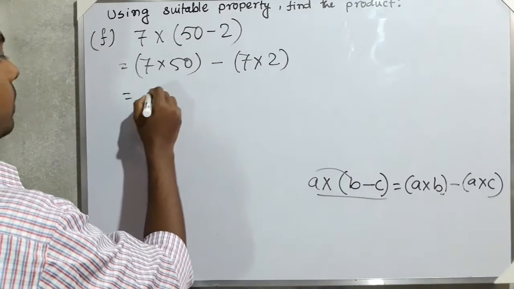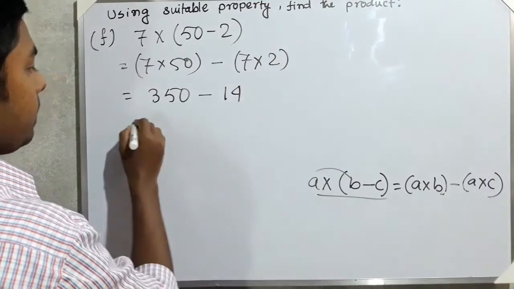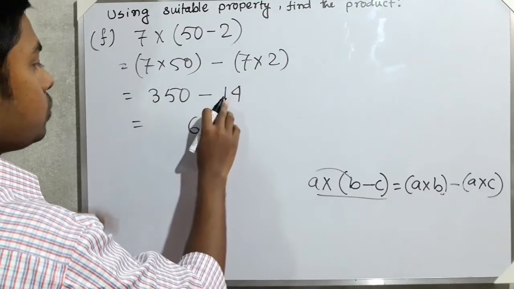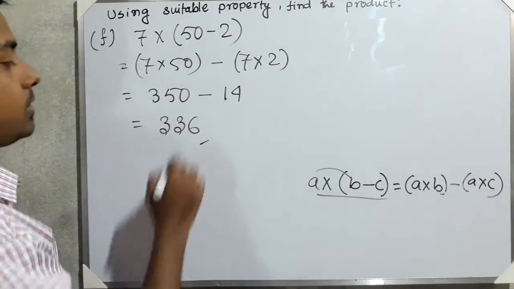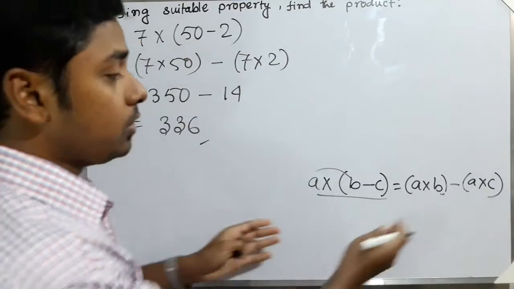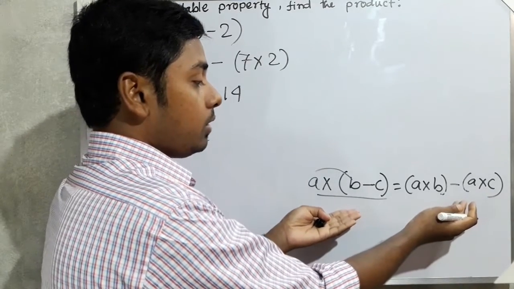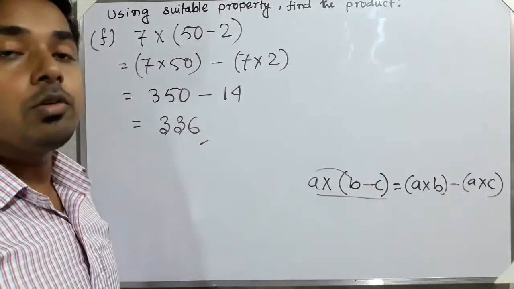So 350 minus 14, which is 336. This is the answer. First of all you have to compare the given expression with your properties expression, then solve. Pause the video to note it down.